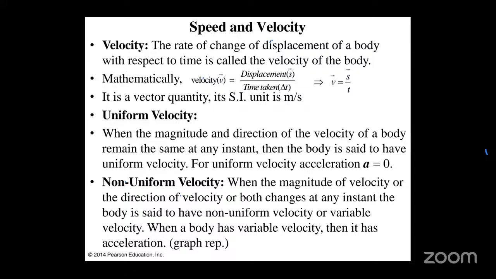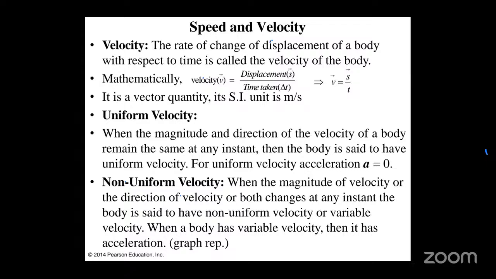However, velocity and speed have the same symbol, v, and the unit is also the same, meter per second. Just like we mentioned before, uniform speed. Here we also have uniform velocity.